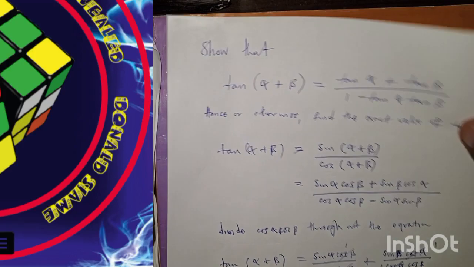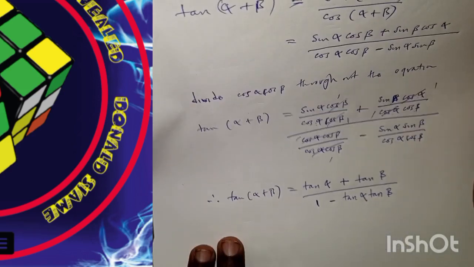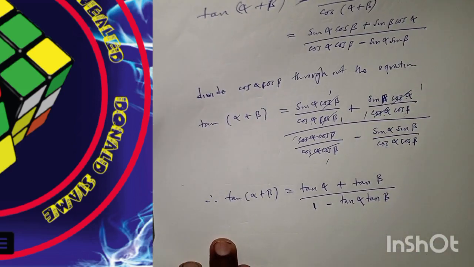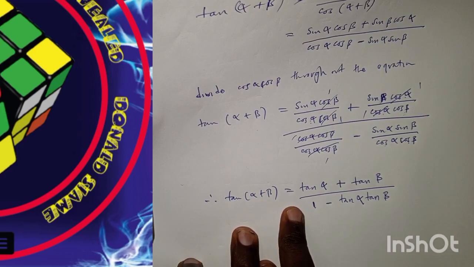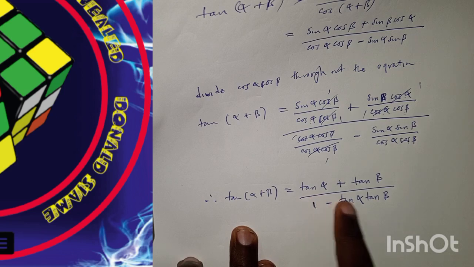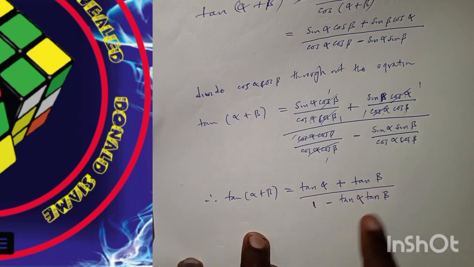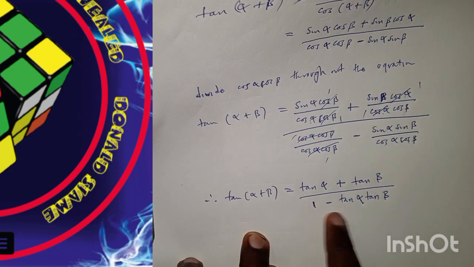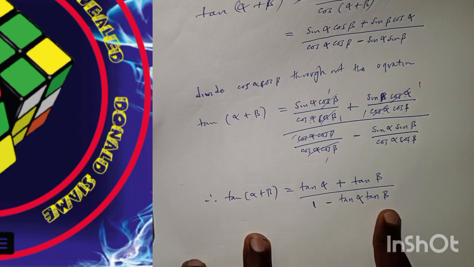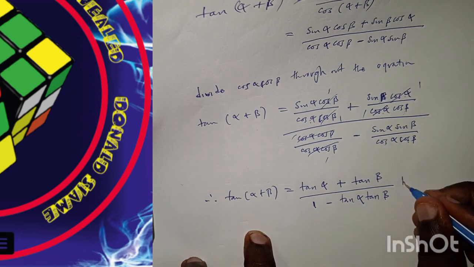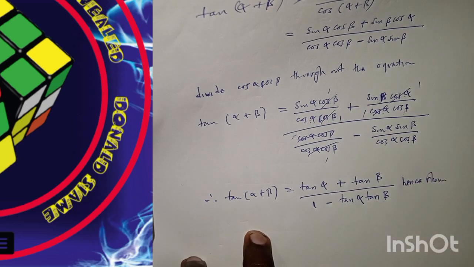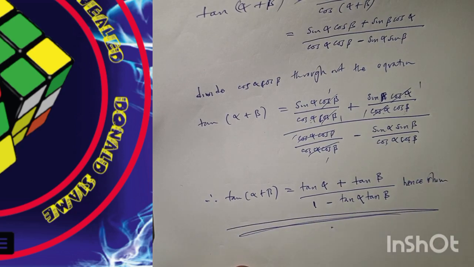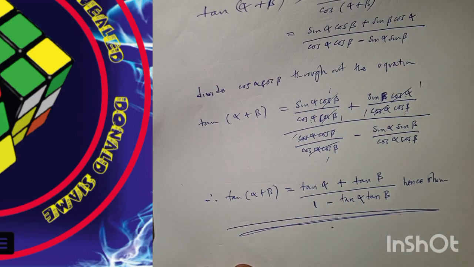So we have shown that tan alpha plus beta is equal to tan alpha plus tan beta over 1 minus tan alpha tan beta. So you just say hence shown. So we have shown. This was so simple.